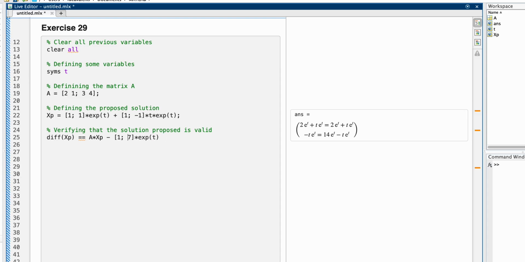This is positive. So if I do this, now this is equal to this, and this is equal to this. So we know that this solution that they gave us satisfies the first order linear system. All right, I hope you learned something, and I'll see you next time.